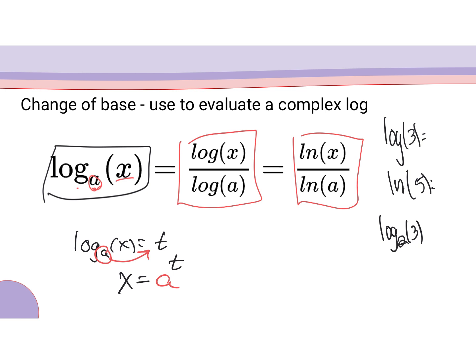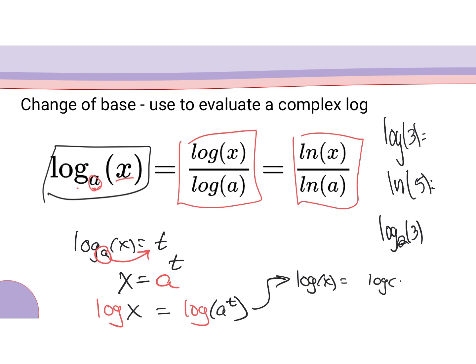Now I'm going to take the log on both sides. So I get log of x equals log of a to the t. And now I'm going to use the power property of logs to re-isolate the t. So the reason that I was doing it this way is because now there is no non-10 or e base.